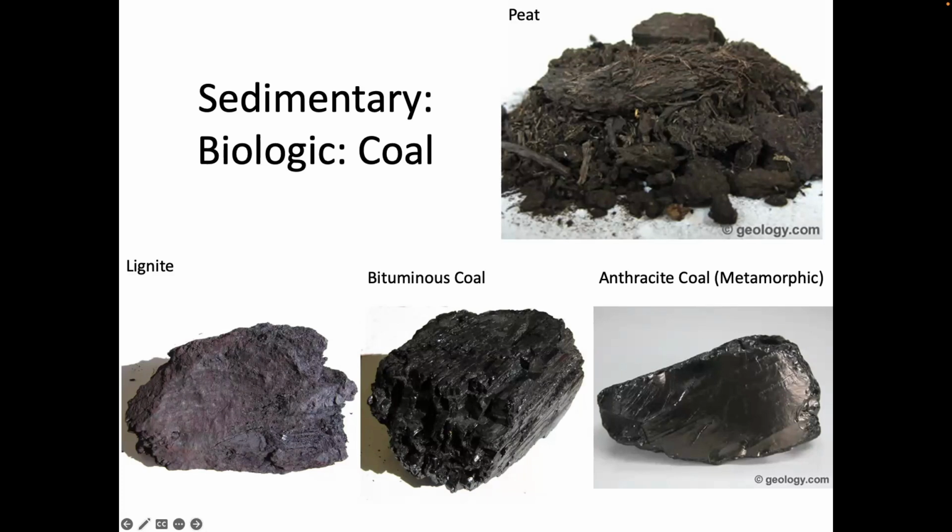So what we have here, before these biological materials become coal, if you look in the upper right, are parts of poorly decayed plant matter, right? These are parts of sphagnum moss or tree trunks or leaves. These are plants growing in a swamp or in a marsh, usually in a fairly warm tropical environment.